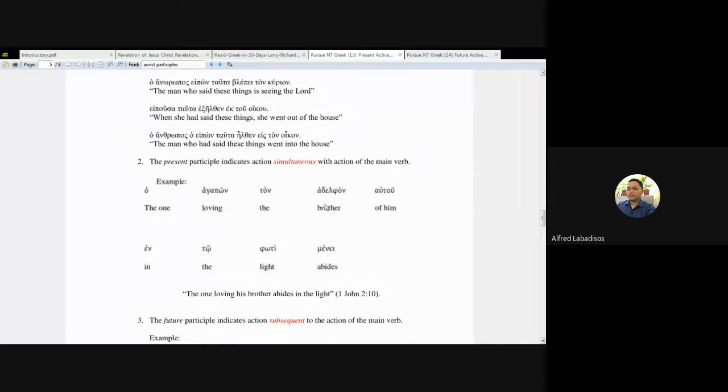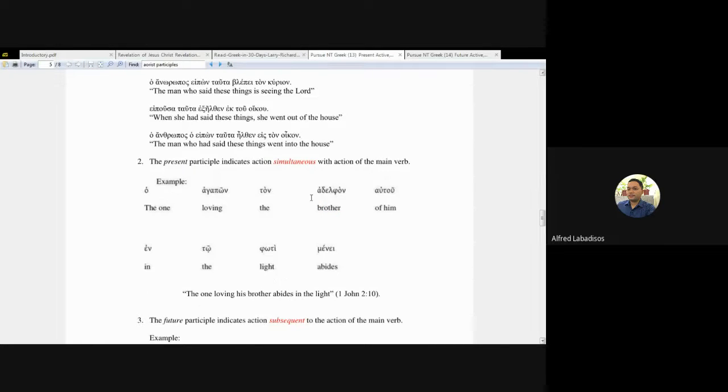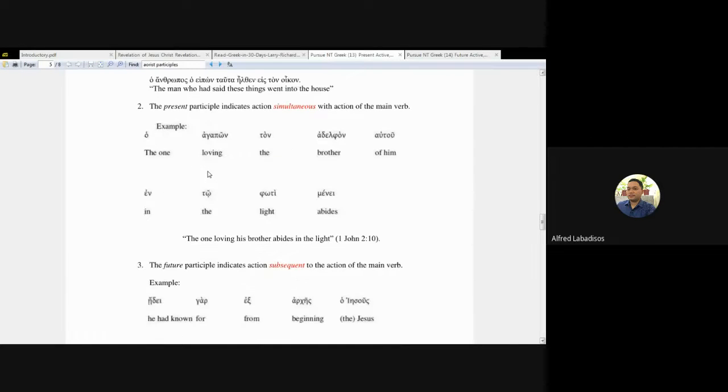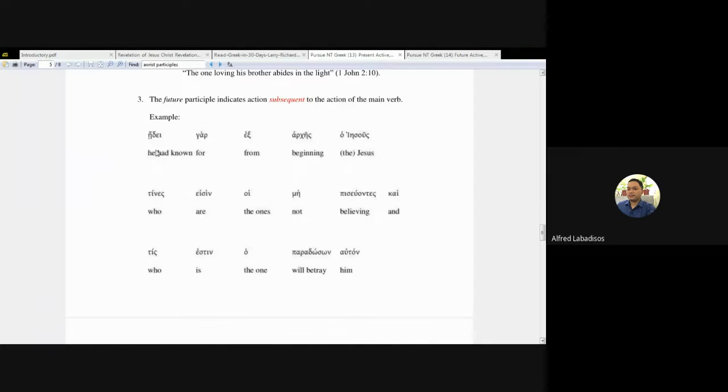Take note: the aorist and the perfect, their action is antecedent, before the main verb, while the present is simultaneous, at the same time with the main verb, while the future is subsequent, after the action of the main verb.